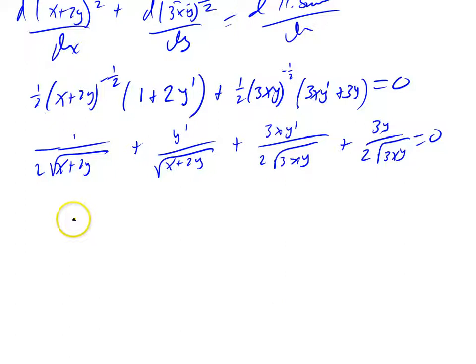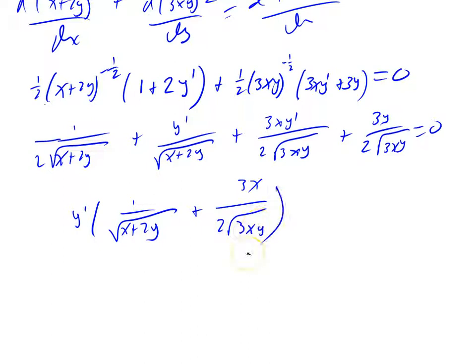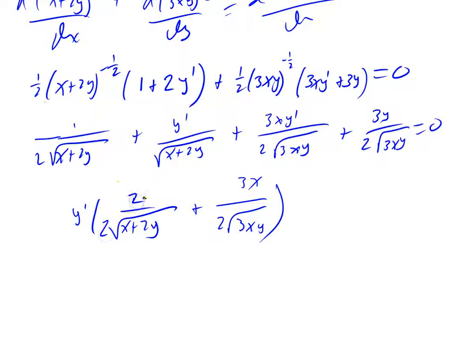So I'm going to have a y prime times 1 over the square root of x plus 2y, plus 3x over 2 times the square root of 3xy. I'm going to throw a 2 in this denominator and a 2 right there, because I see I'm going to combine those before I get them over the other side.